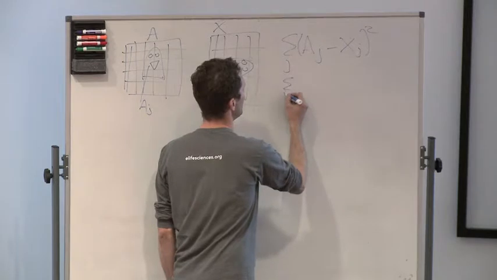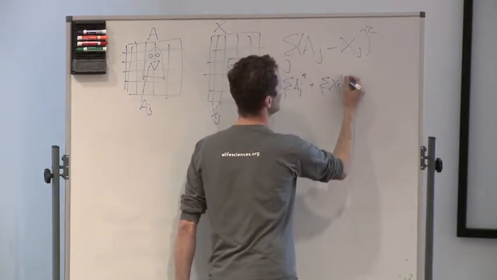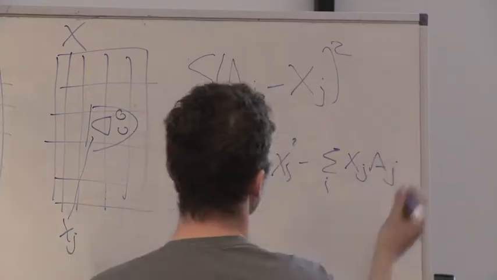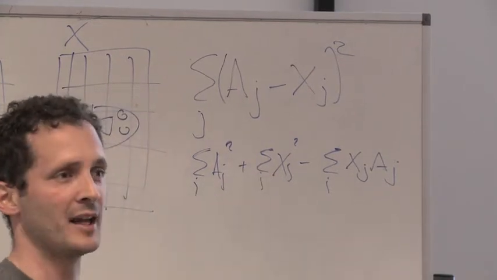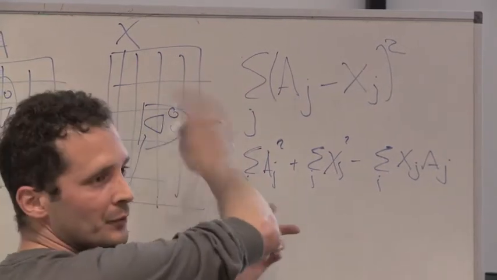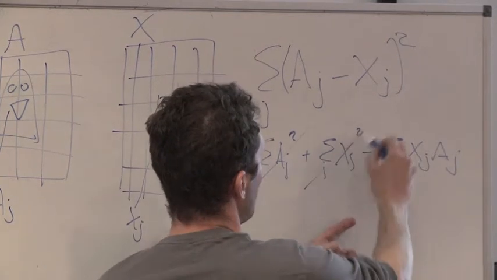As we already saw in lecture 2, you can change this notation to something like this. Okay? Now, this is the sum of the values of the image in A squared. Okay? That doesn't matter. It's invariant to what orientation X has with respect to A. And so is this one. So these two are like constants.